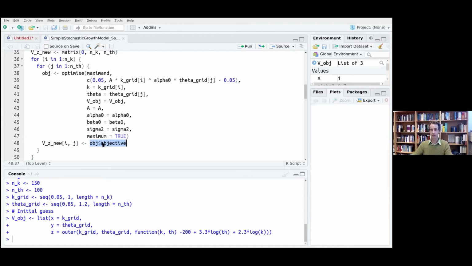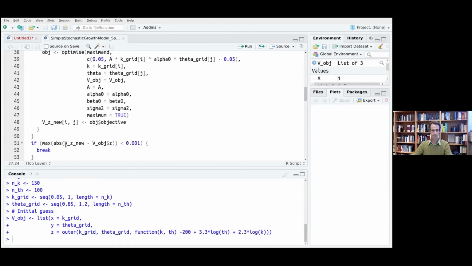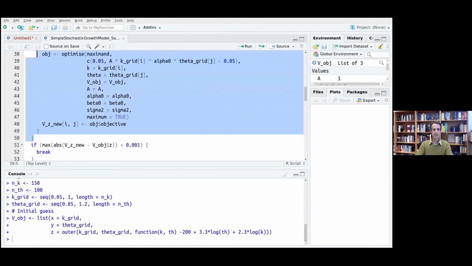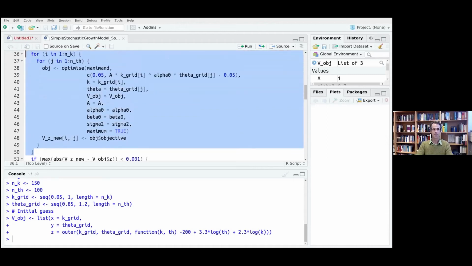So we need the objective of the maximum, and we store that for the pair ij in this new matrix. Right? We do this for all pairs. That's up to here. So that's the main part. This is actually the Bellman equation. This is solving the Bellman equation for one iteration.